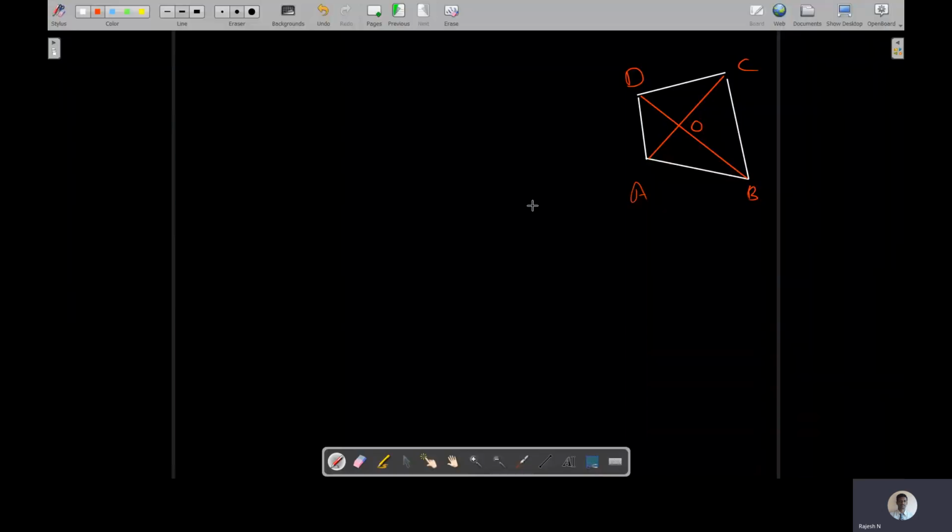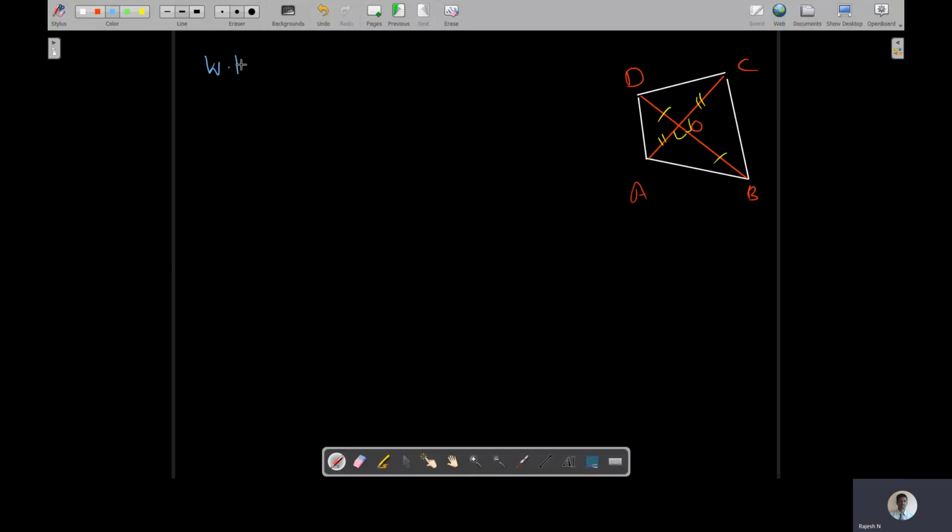So how to show? Here the diagonals bisect each other at right angle, which means these two are equal, and all the angles are 90 degrees. You have to show that it is a rhombus. But it is given that the diagonals bisect each other. You know the condition for a quadrilateral to be a parallelogram.